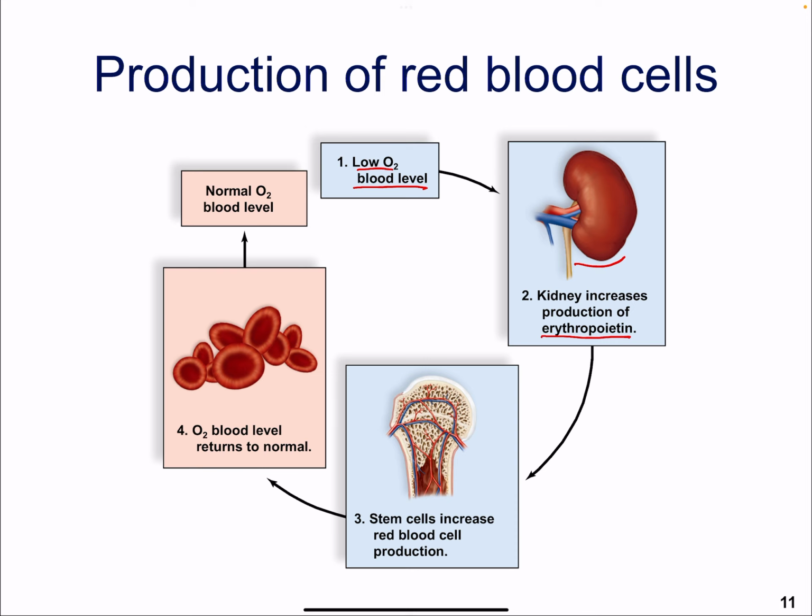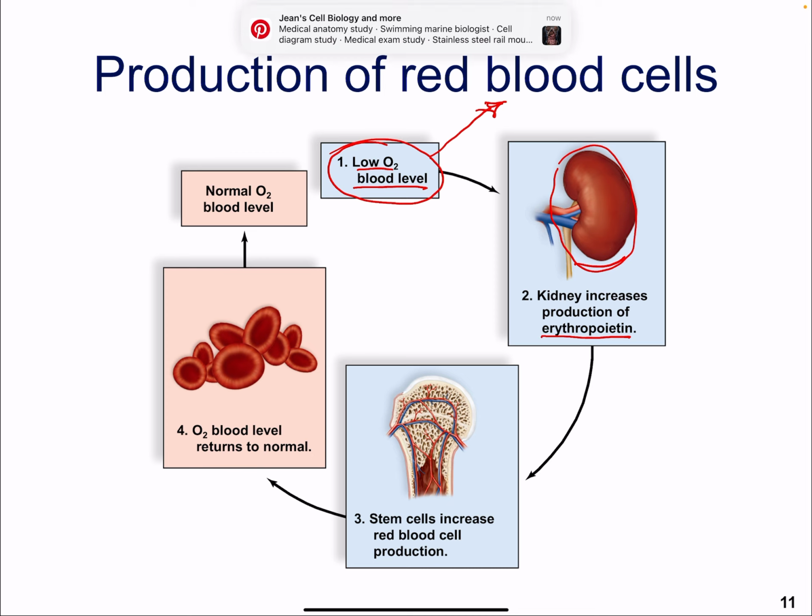Now, I made a mistake earlier. The sensors are going to sense low level of oxygen in the blood. The information travels to the brain. There we go. The information travels to the brain, and the brain is going to send information to the kidney to tell the kidney that, wait a minute, you need to release erythropoietin hormone.